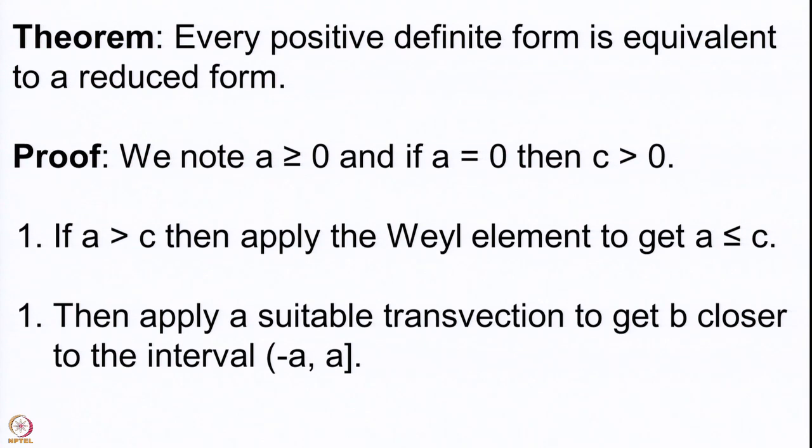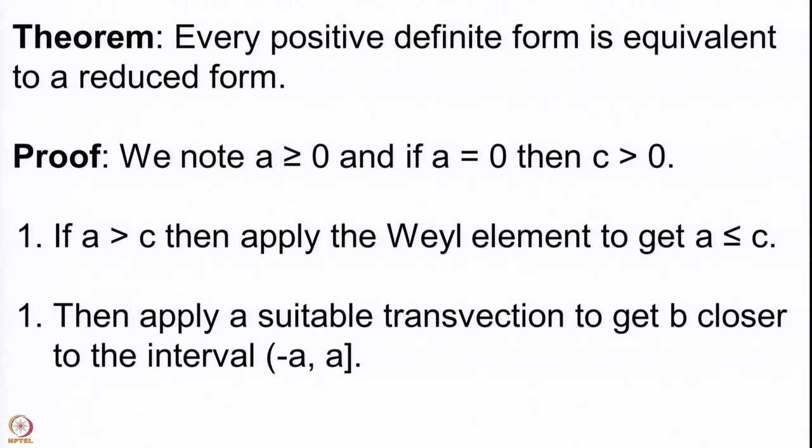We now look at B. Your B might be a very wild integer, it may not be in the range that is prescribed. So, what we do is that we apply a suitable transvection to get B closer to the interval minus A to A. I have put here the sign for minus A as a round bracket, and for the right hand side the closing bracket is taken to be a square bracket.